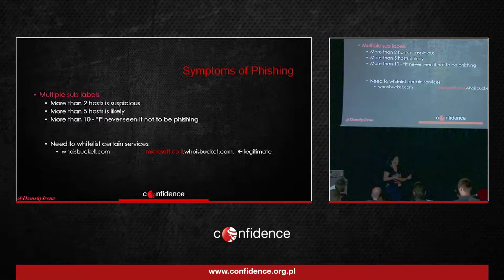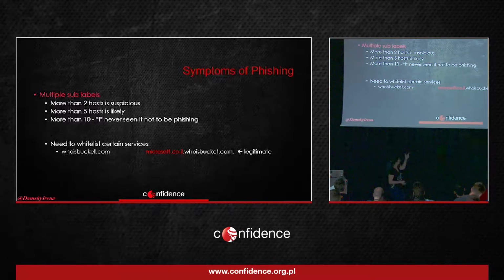Once you do that, you also have to whitelist the results, because there are websites that actually give you results on your queries by appending your query as a sublabel. In this case, WhoisBucket is a service that gives you Whois information for domain names, and it does that by appending the domain you asked for to the beginning of its website.